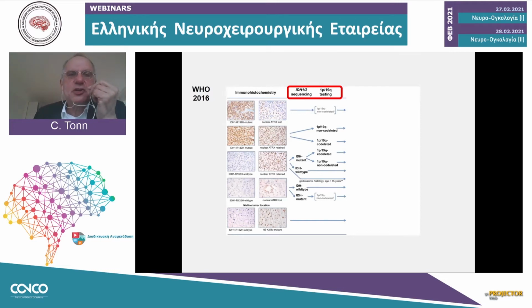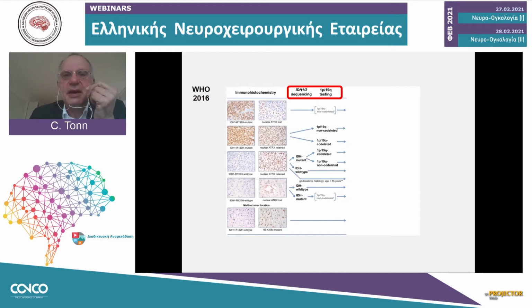So once IDH1 mutation and co-deletion 1p19q turned out to be real prognosticators for the clinical course of these gliomas, they were consequently integrated into the diagnostic scheme in the 2016 revised version.